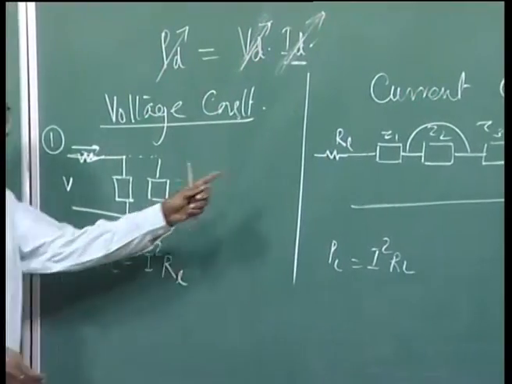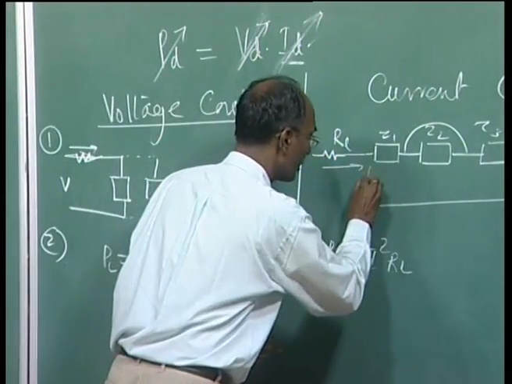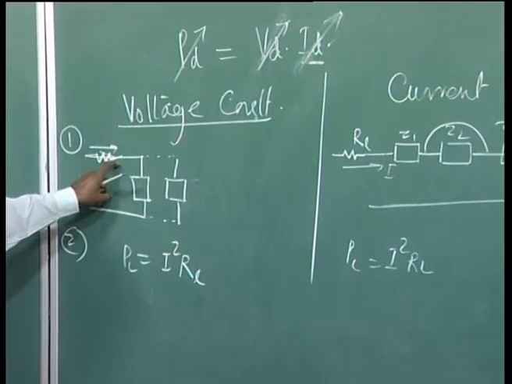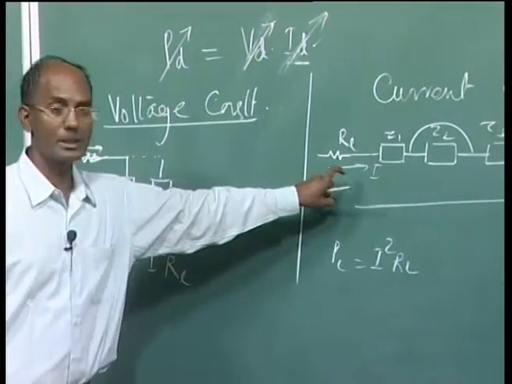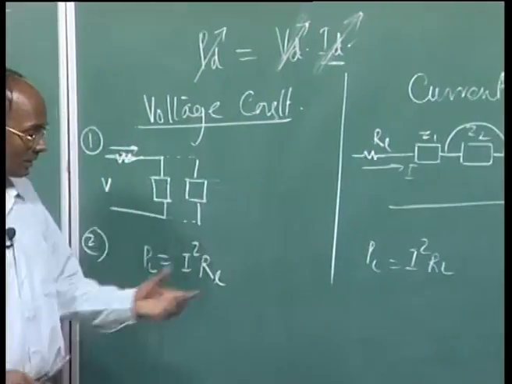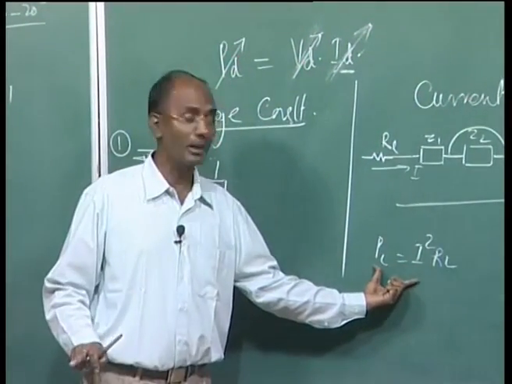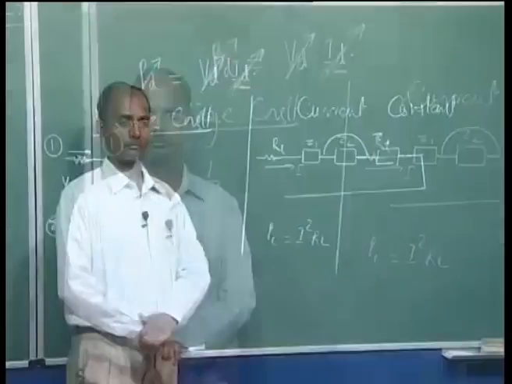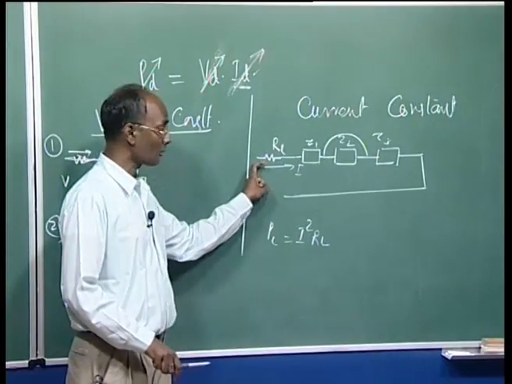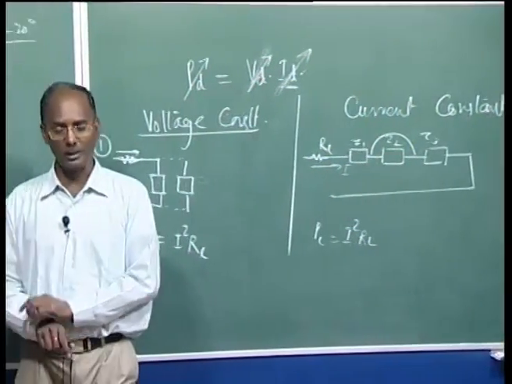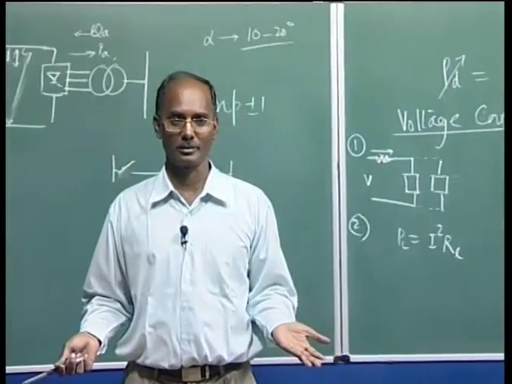Now see, this I is different from that I. This is for the constant voltage mode, this is the constant current mode operation. You can see this loss is constant irrespective of your load, irrespective of the voltage across the load. Loss is constant because current is constant.